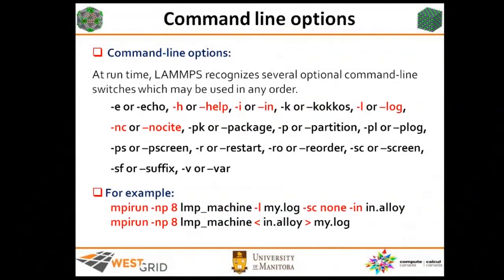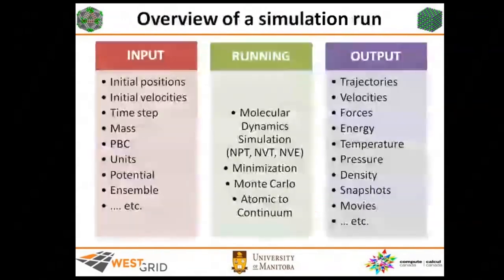Now to run LAMMPS, you can run it interactively, and it will print the output on the screen. But if you submit a job to compute nodes, you need to redirect the output to a file, so you have to use redirection. There are many commands and options when you run LAMMPS.